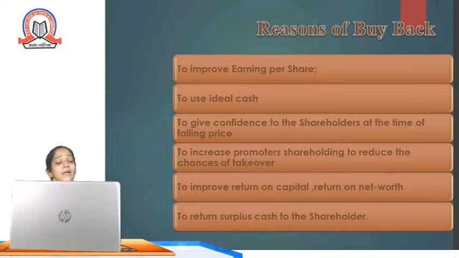It is also helpful to use idle cash. If a company has surplus cash, it needs to decide what to do with it, because idle cash will not generate any inflow for the company.